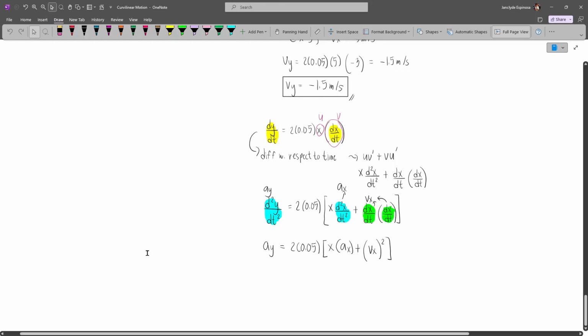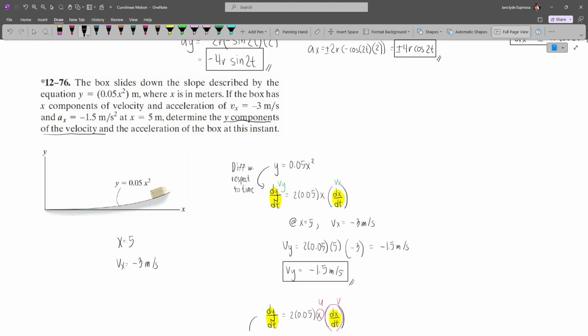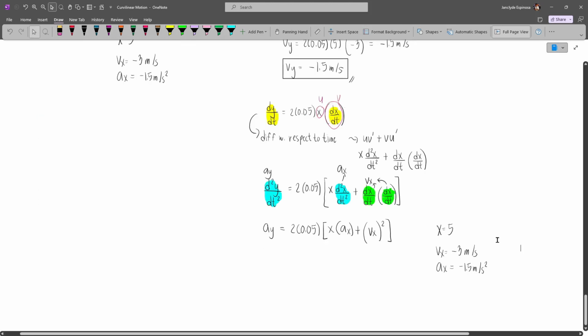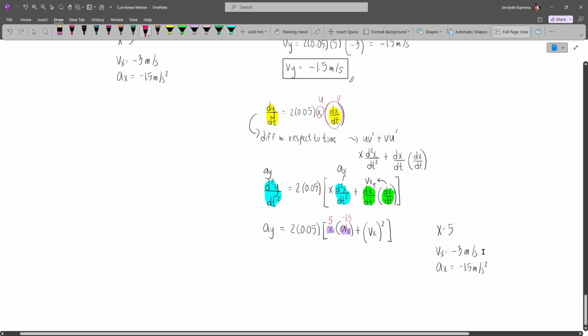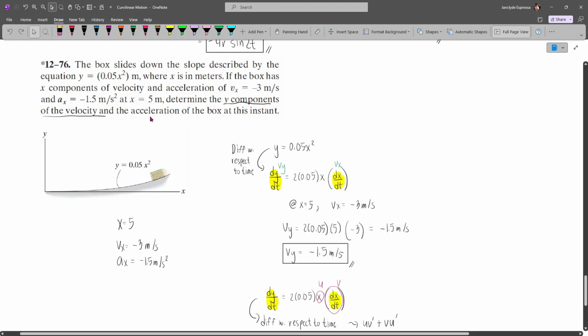Now let's look at our conditions. At x equals 5, we have vx equal to minus 3 meters per second, and ax equal to minus 1.5 meters per second squared. Let's plug these into our equation and solve for ay, the y component of the acceleration.